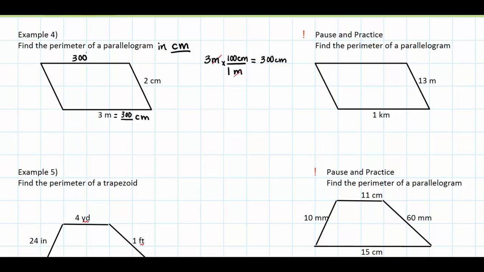So that means this side, that's opposite, is also 300 centimeters, and this side, that's opposite of this side, is also 2 centimeters.